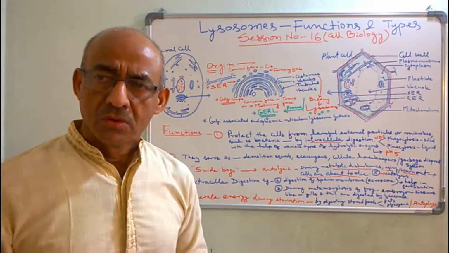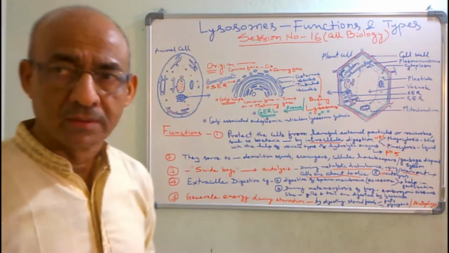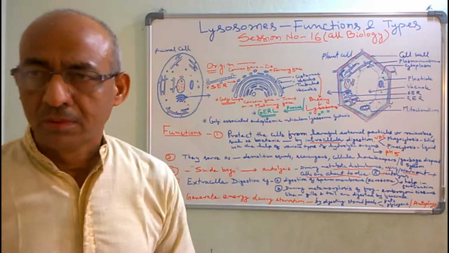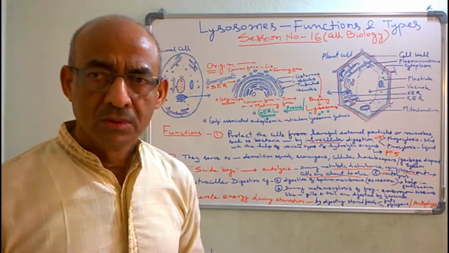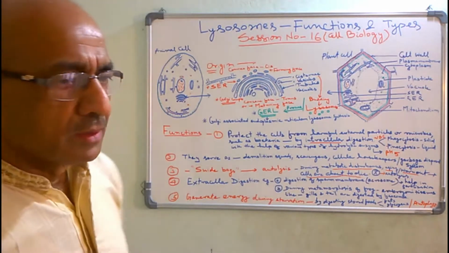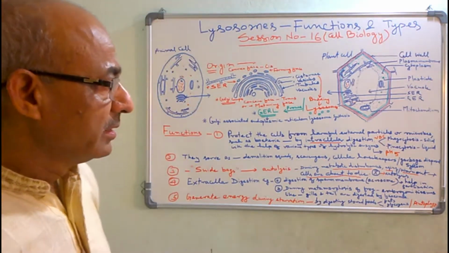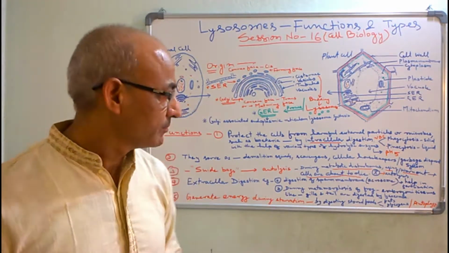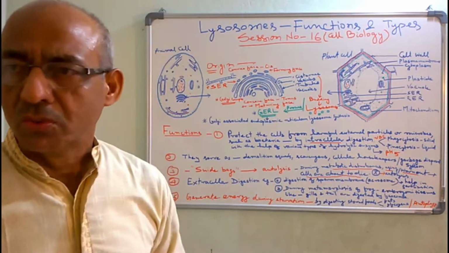In this context, we should know that whenever a particular cell is worn out due to certain metabolic disturbances or aging, the entire cell gets damaged and is about to die.